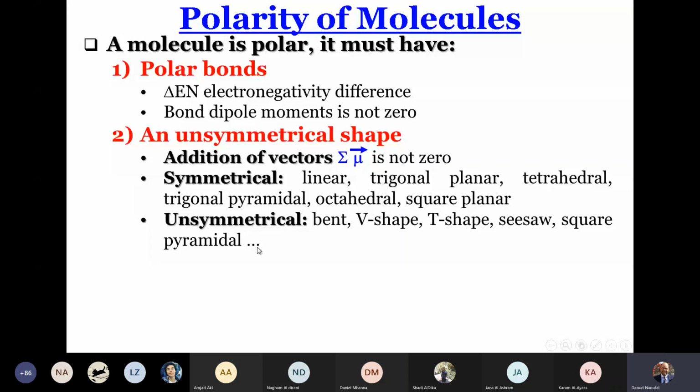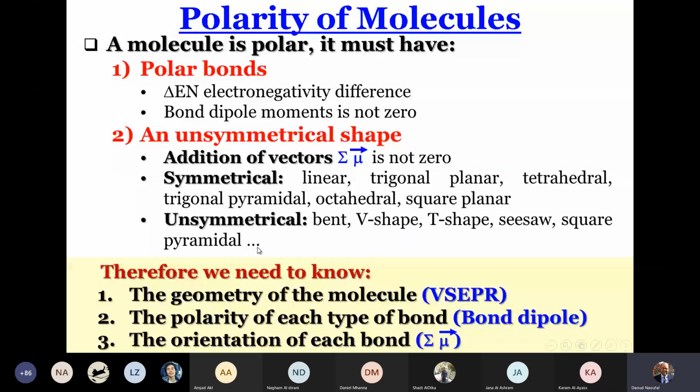These are unsymmetrical structures. Therefore, to know if a molecule is polar, we have to know the geometry of the molecule. If this geometry is symmetrical, that means the molecule is not polar.